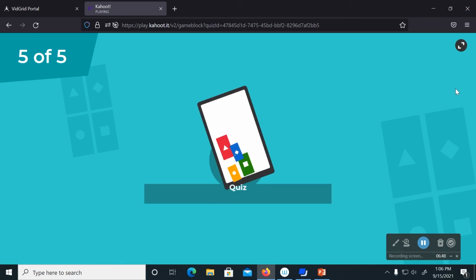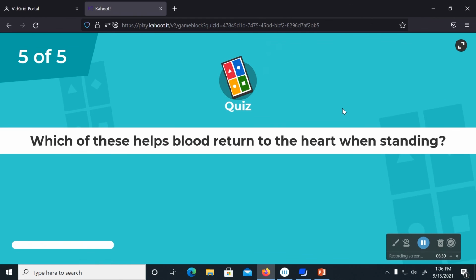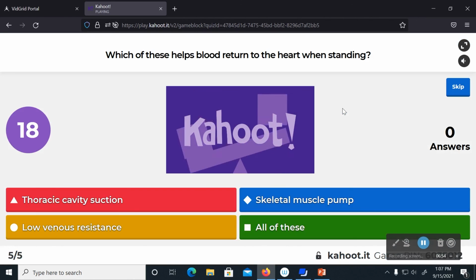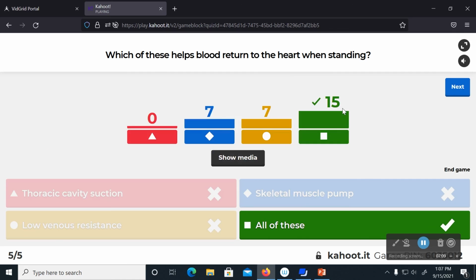All right. Last one. Which of these helps blood return to the heart when standing? All right, so we talked about 2 of those yesterday, and I didn't talk about the third.